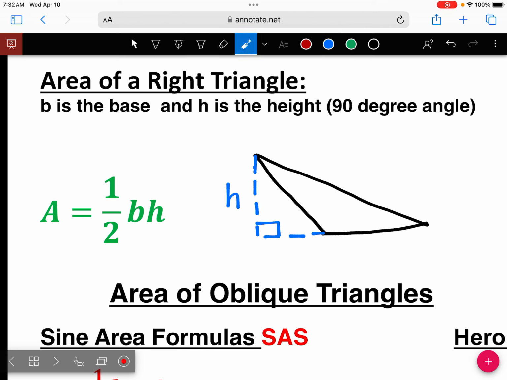So this would actually be the height, and the base would be here. So that would be my first formula: area equals 1/2 base times height.